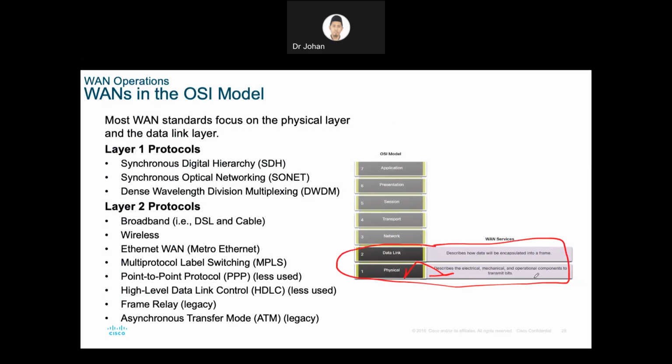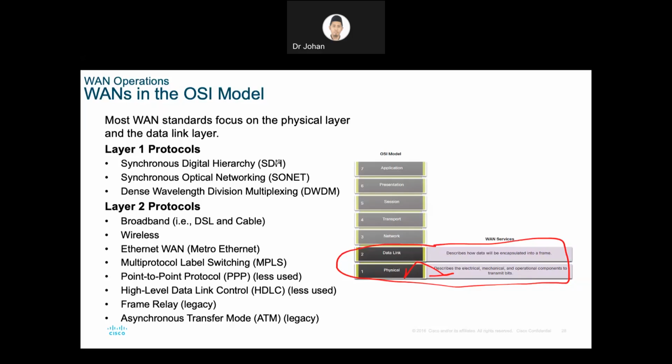Layer 1 protocols and layer 2 protocols. Most focus on the physical link and also data link. Layer 1 protocols include synchronous digital hierarchy SDH, synchronous optical networking SONET, and dense wavelength division multiplexing DWDM.